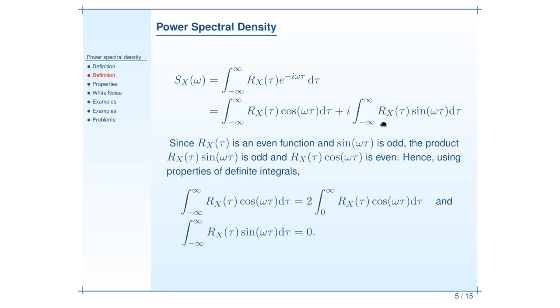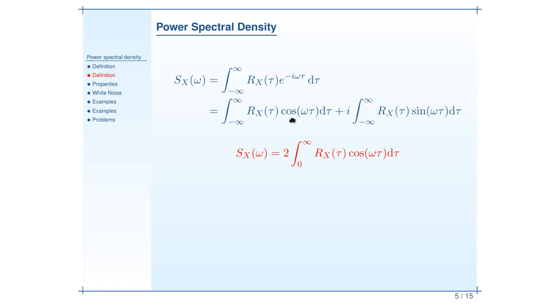The imaginary part of the Fourier transform becomes 0, and you are left with only the real part. So although in general the Fourier transform is a complex quantity, in this special case of the autocorrelation function of a WSS process, it becomes a real quantity. The imaginary part becomes 0. That means the power spectral density of a real process is actually a real quantity.